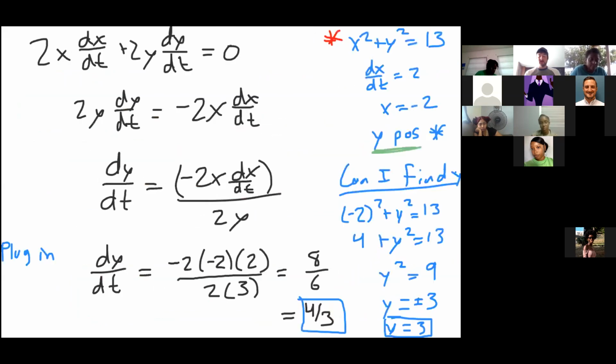Once I have those equations, that's what's going to allow me to solve for what I want to find. In this case, it was dy over dt, so we went ahead and solved for dy over dt and then tried to plug in any known values. We saw that we were missing one. We were missing what y was, but we were able to use our original equation to figure out what y needed to be, plugged it in, and we're done.